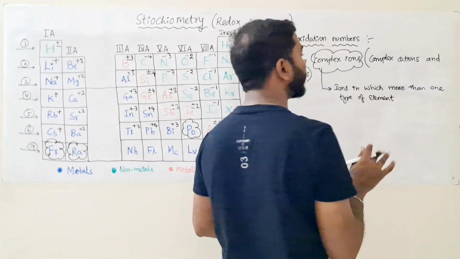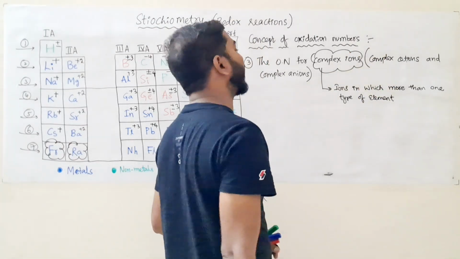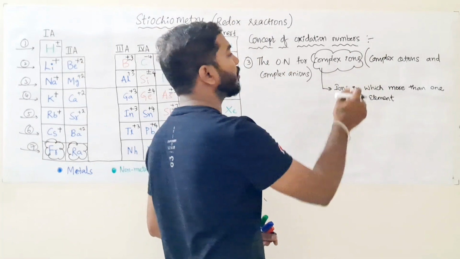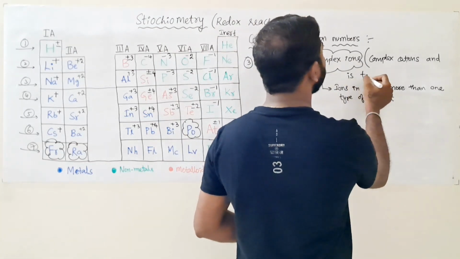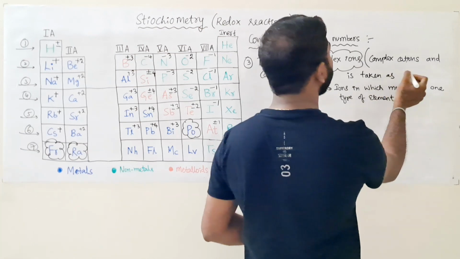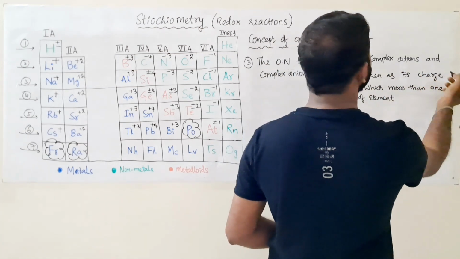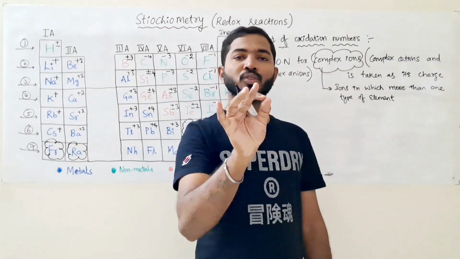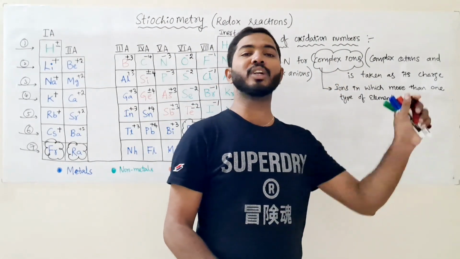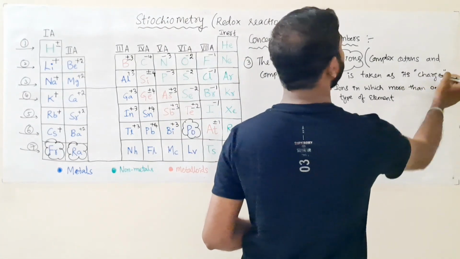Examples, yes, don't worry, I'll give you. For these types of complex ions, the oxidation number is taken as its charge. I'm talking about the whole ion, so it will be directly equal to its charge. This is very important here.